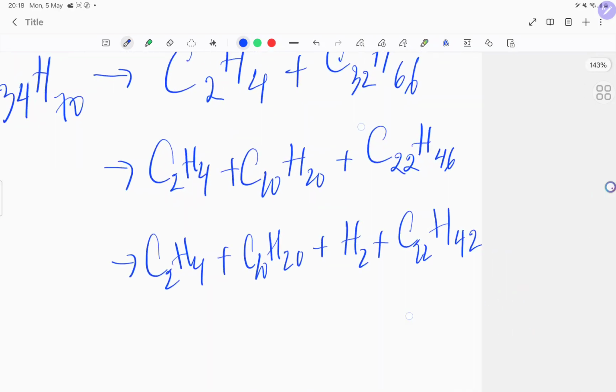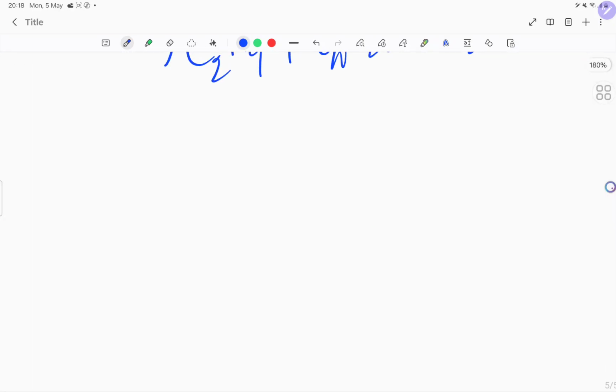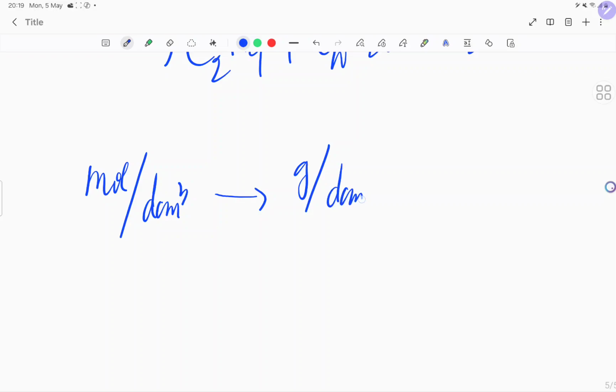What is the quantity that has a unit of gram? You have mole per cubic decimeter, and you have to convert it to gram per cubic decimeter. So what is the quantity that has the unit of gram?